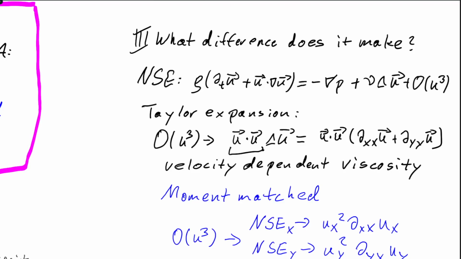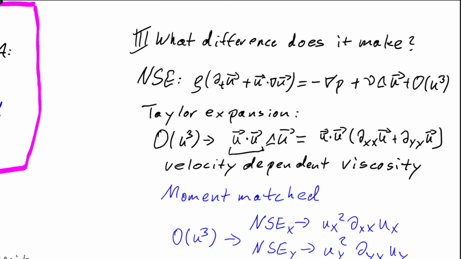This is added to the Navier-Stokes equation, where we have this velocity squared term in front of the viscous term. So we get a velocity dependent viscosity. We also get a velocity dependent viscosity with the moment matched method.